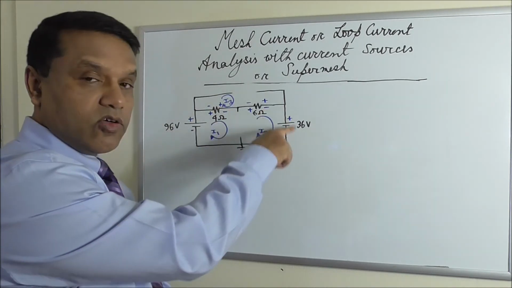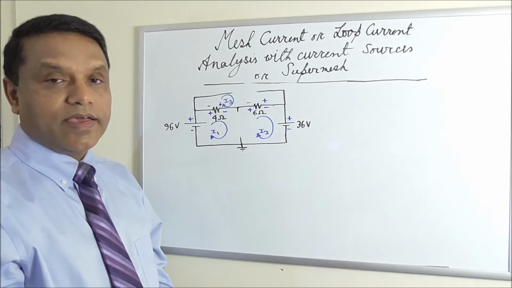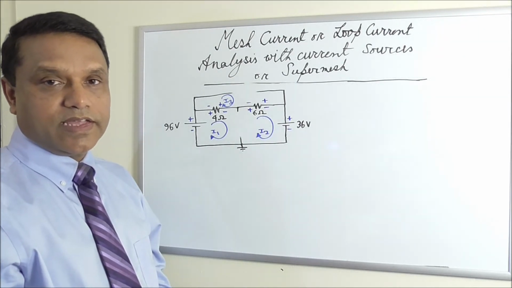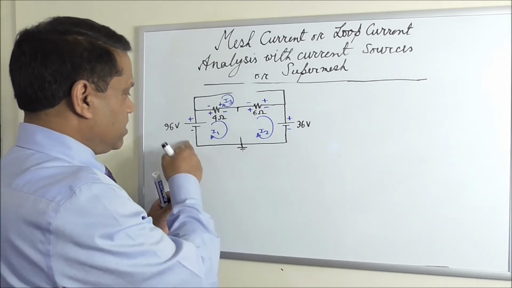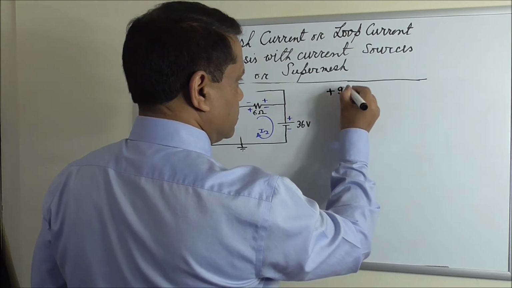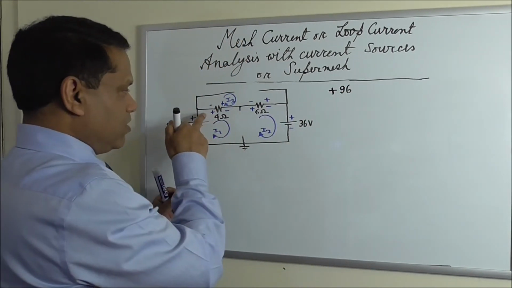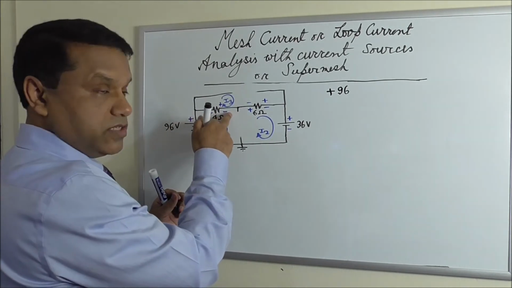So we are left with only one connected or closed loop, and you have to write the KVL equation only for that loop. Let's start with the ground node, go clockwise, is plus 96. Here we will use the signs at the bottom, plus on this side, minus on this side.